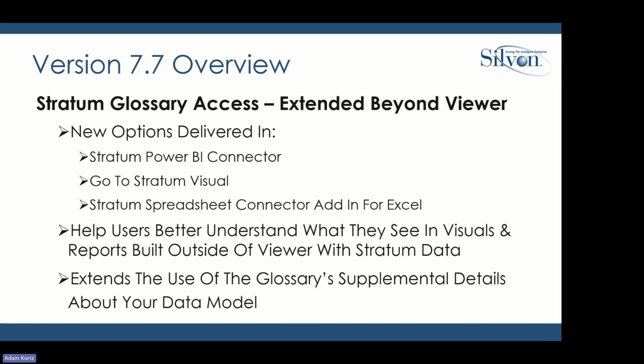So it provides another layer of data, which is nice, so that you can provide that descriptive information, that metadata that you have for Stratum, and make that available to the users so that they can really get a better understanding of what these measures mean.